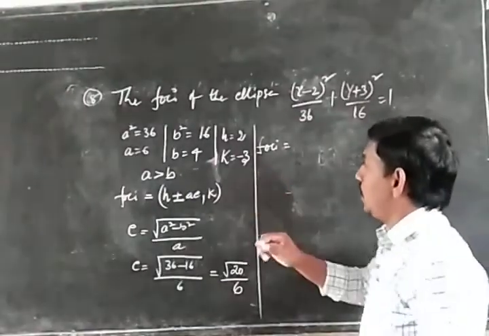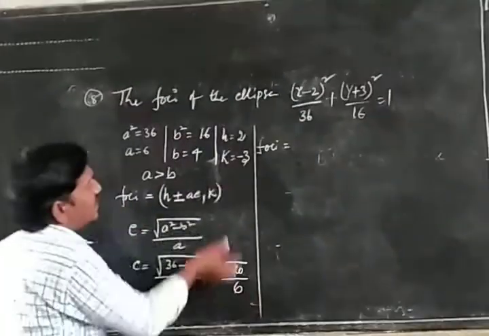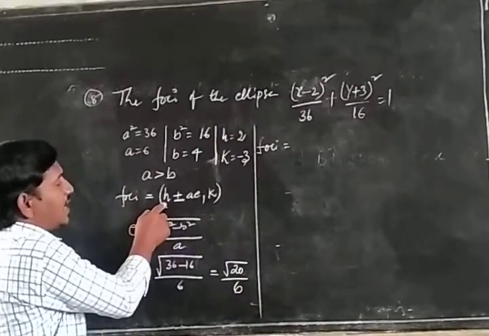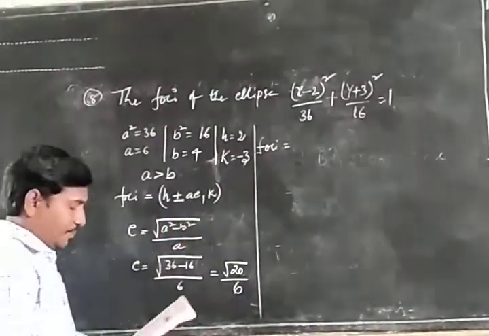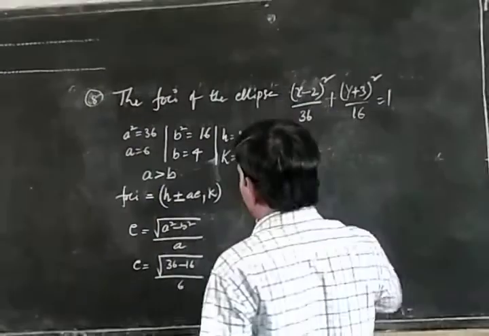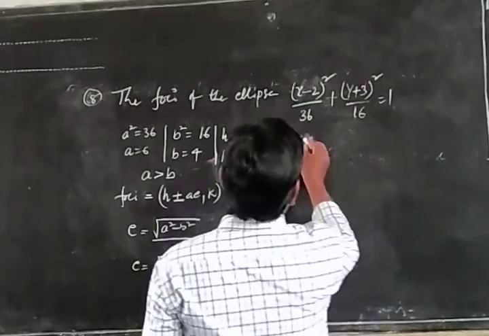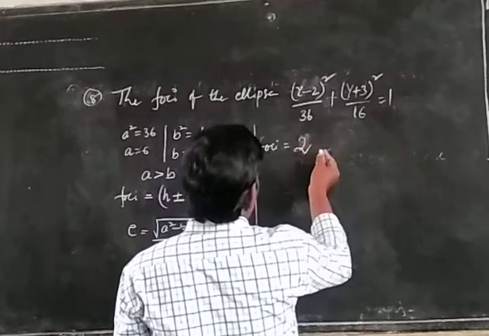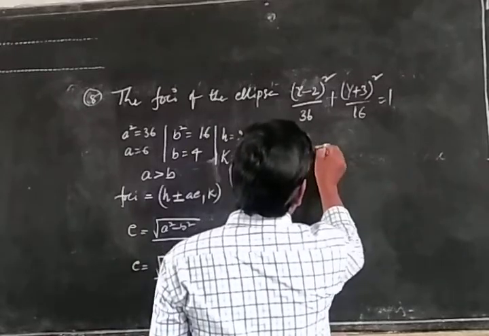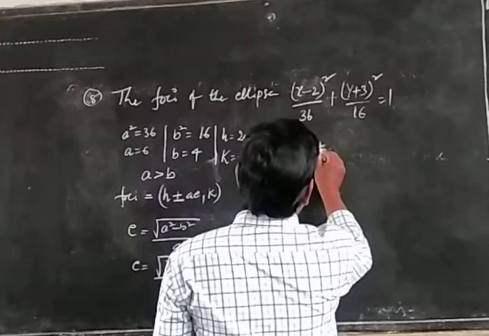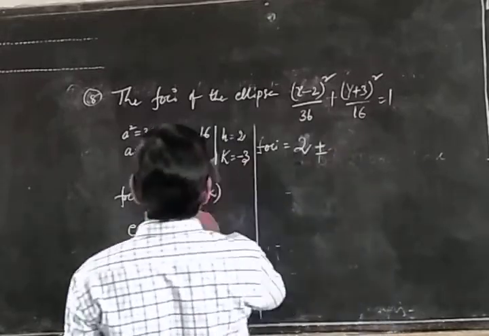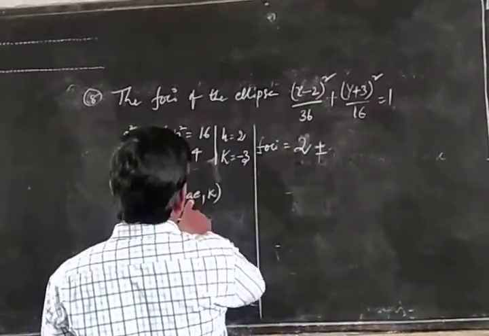Now substitute these values in the foci: h plus or minus ae, that means 2 plus or minus ae.